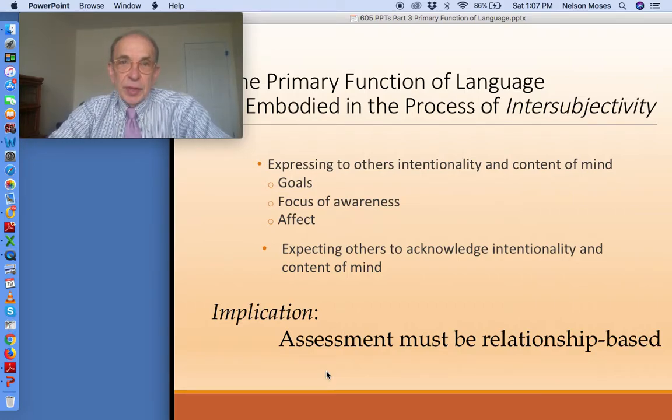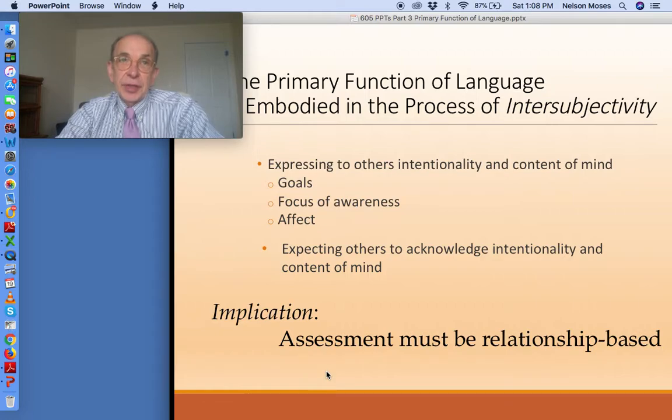Assessment must be relationship-based. If you're going to really understand and get a good picture of what the individual that you're assessing is capable of, the potential for expression, and difficulties or problems that may be involved in communication, then assessment must be relationship-based.